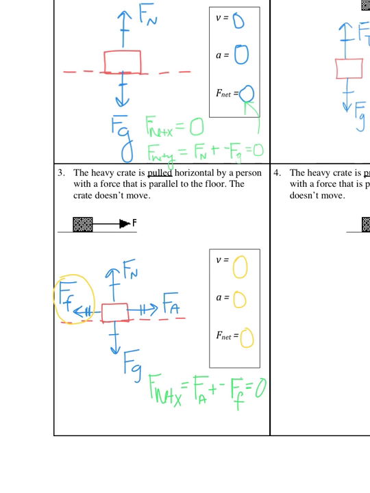So right and left have to have it. One has to be negative, one has to be positive. And then in the y direction, I have F net, or a normal, plus negative Fg, and that's equal to 0. All right, one more. Pause me and then check out the answer.